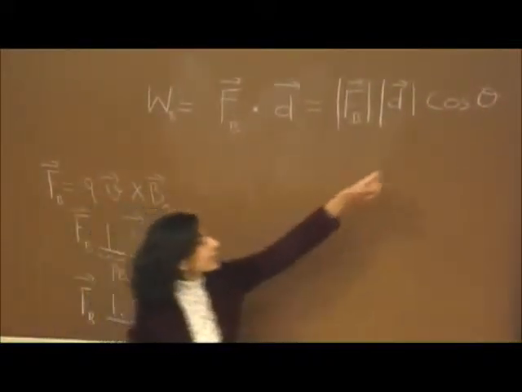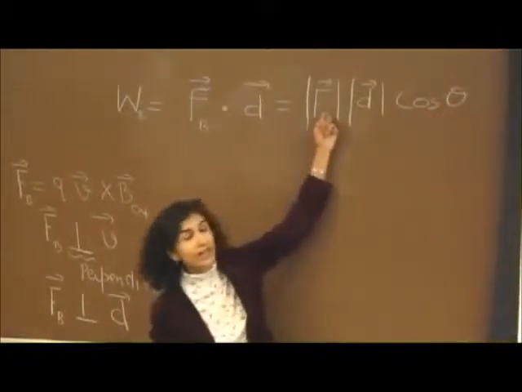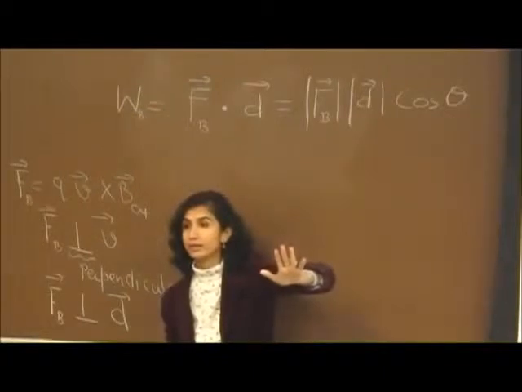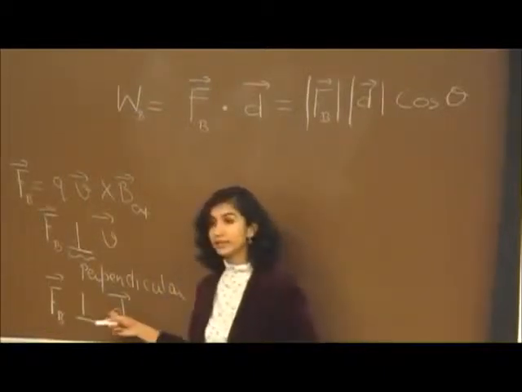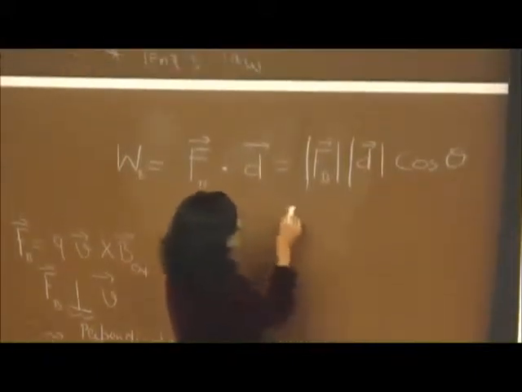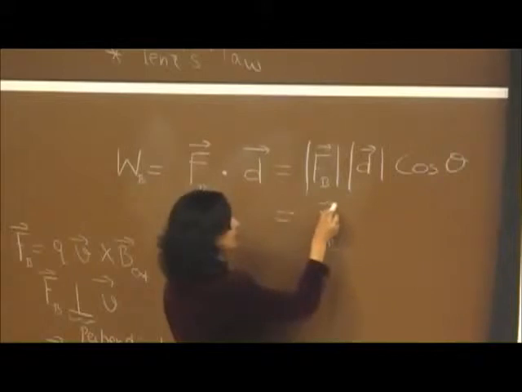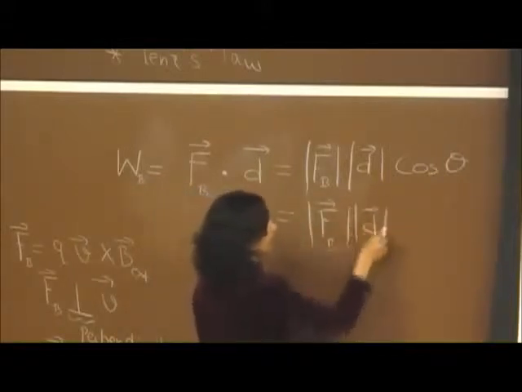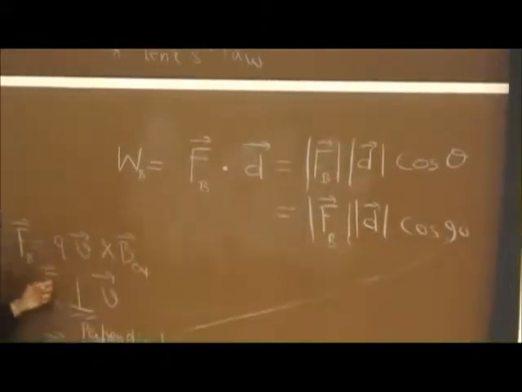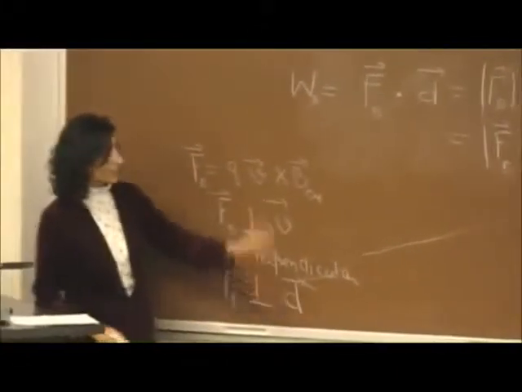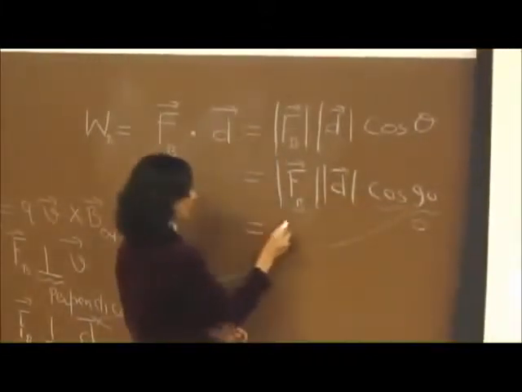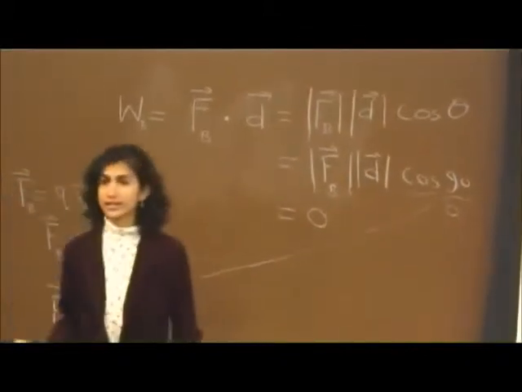But this angle theta between the magnetic force and the displacement vector will always be 90. So this will be F_B d times cosine of 90 always. Why? Because the magnetic force and displacement are always perpendicular, and cosine 90 is 0. And so the work done is 0.